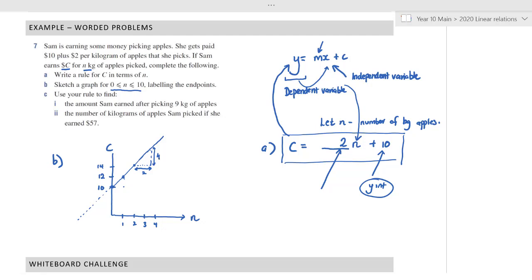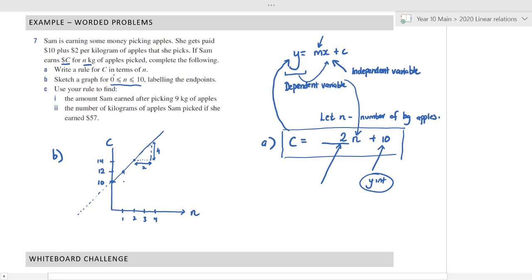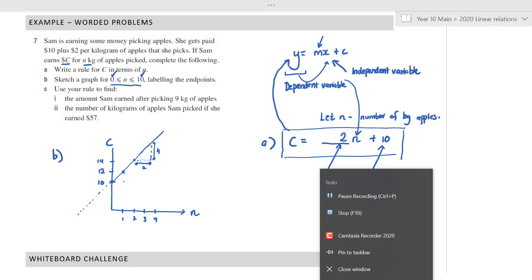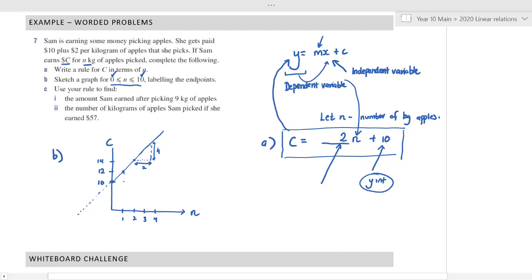So we've now sketched a graph. Now it says the endpoints from 0, so we're going from 0 to 10. If we actually wanted to, we could do a bit of substitution here. When N equals 10, let's substitute it into C. C is equal to 2 times 10, let's use brackets, and then plus 10.